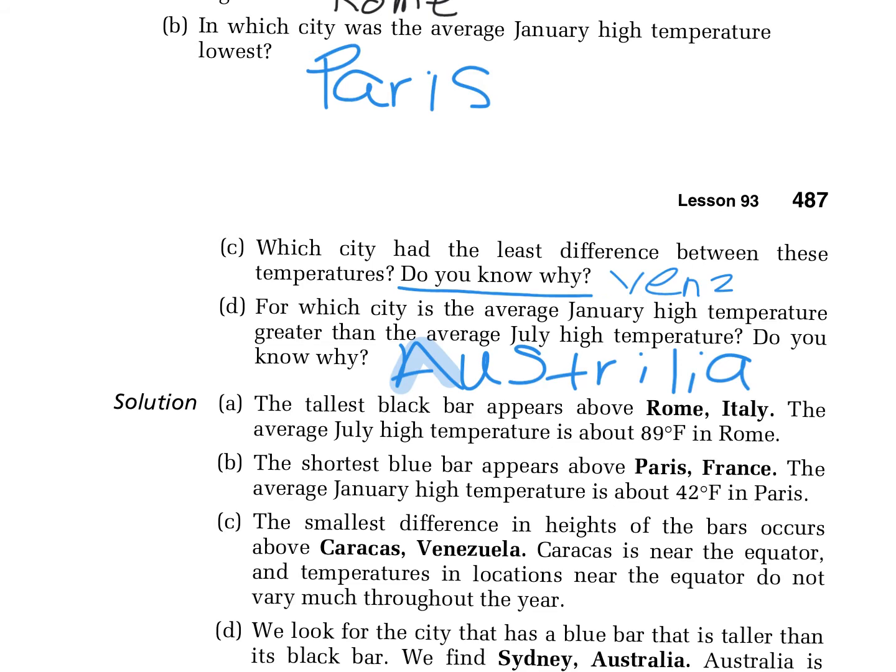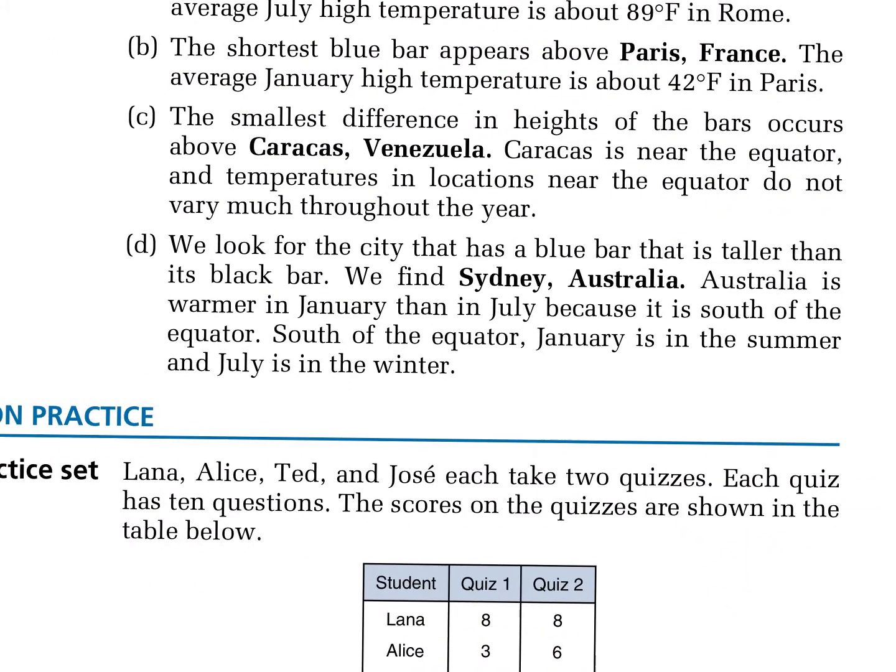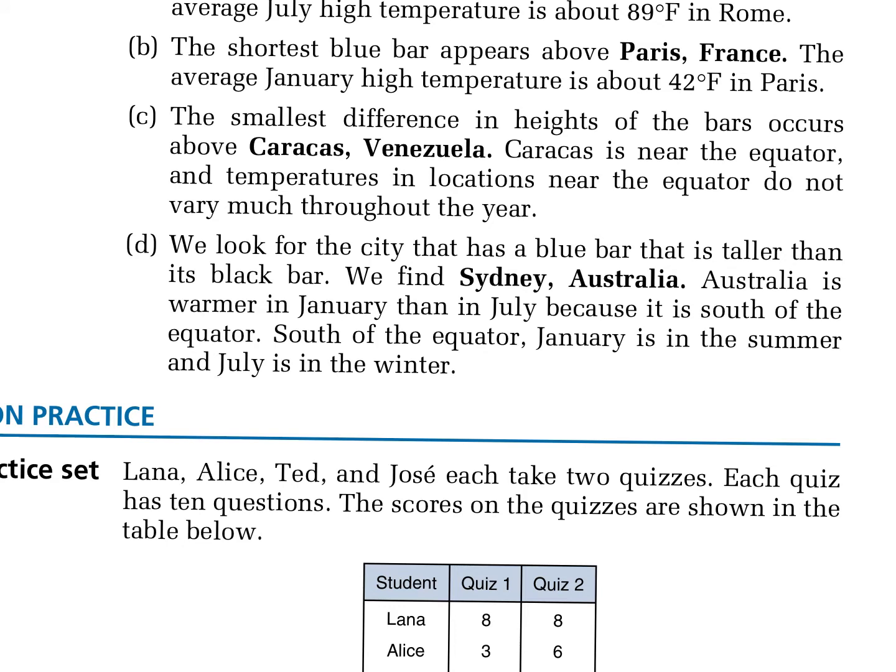So during January is their warm months, and July is their cold months. And see, it even says here, Australia is warmer in January than in July because it's south of the equator. South of the equator, January is summer, and July is winter.